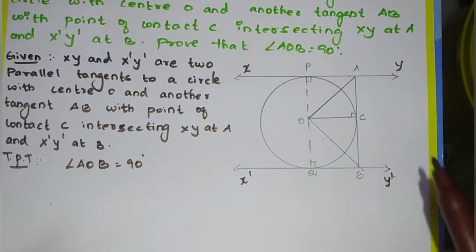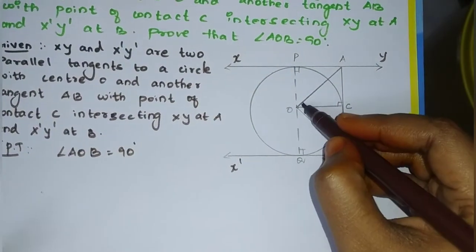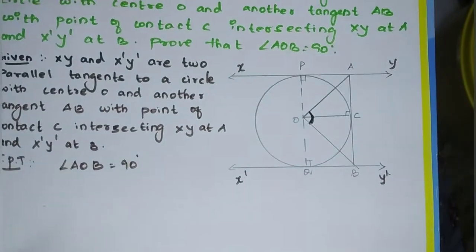Prove that angle AOB is equal to 90 degrees. You have to prove that this angle is 90 degrees.